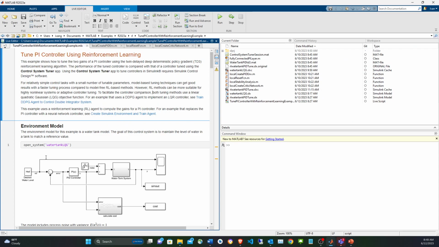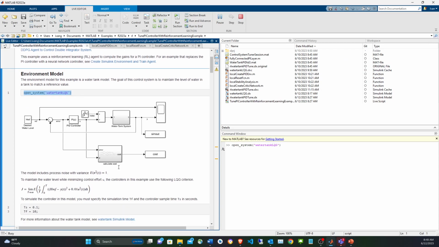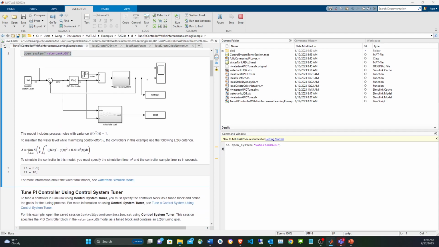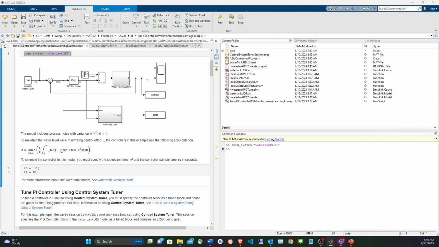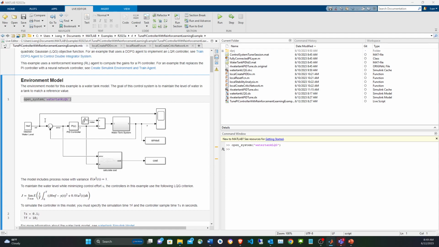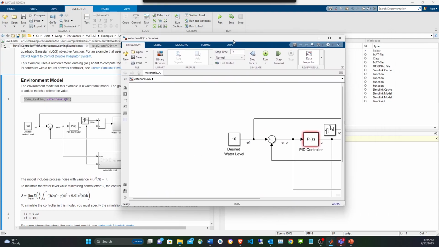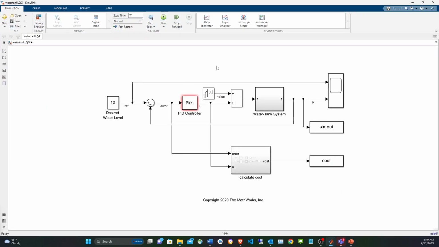First, we have to load the model. And the reward that we're going to use is this one over here, for the environment, which is water tank level control.